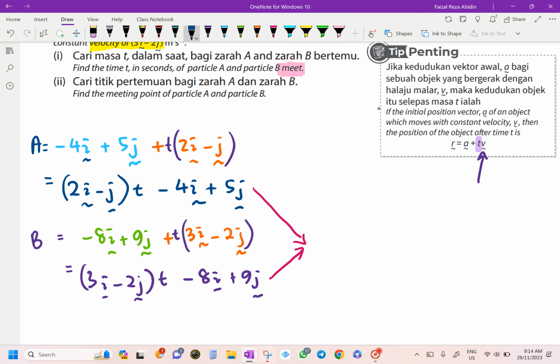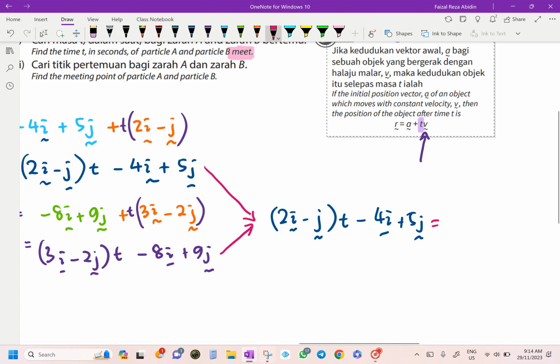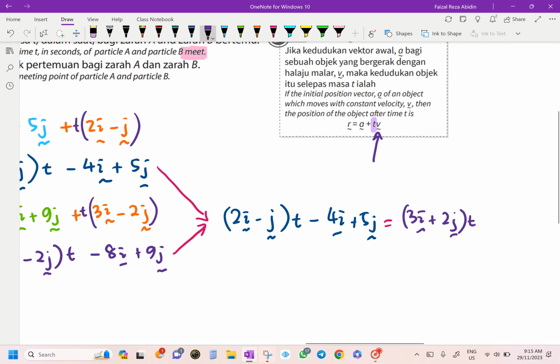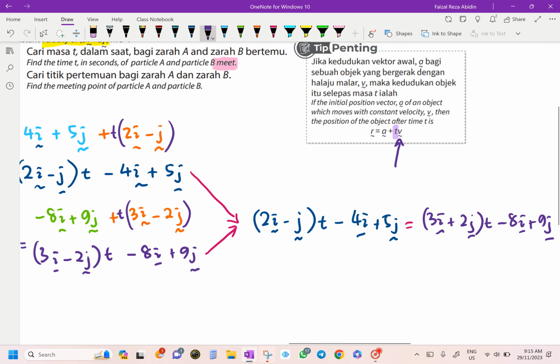So copy again: 2i minus j t minus 4i plus 5j equals 3i plus 2j t minus 8i plus 9j. Right?